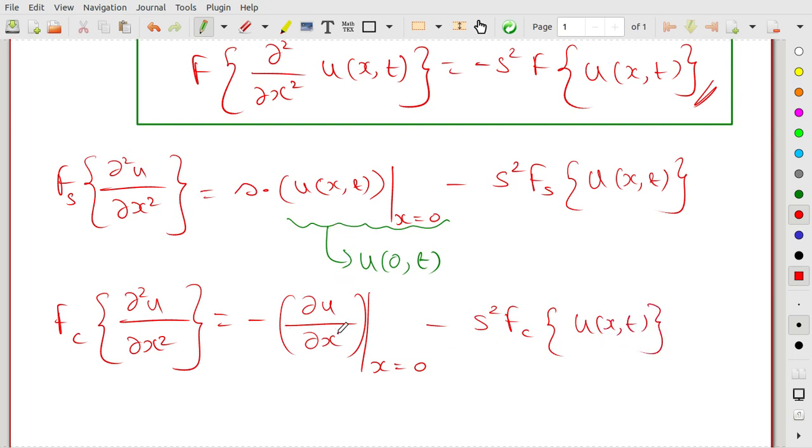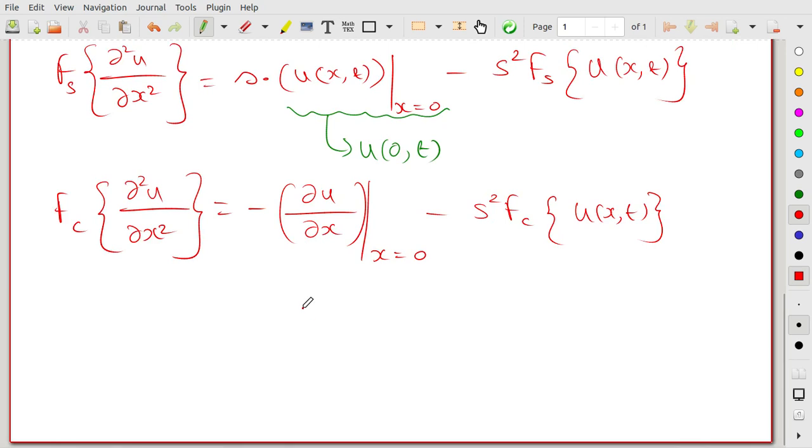Here there is a slight change. Here we need u of 0 comma t, whereas here we need u prime of 0 comma t, where u prime is nothing but dou u by dou x.